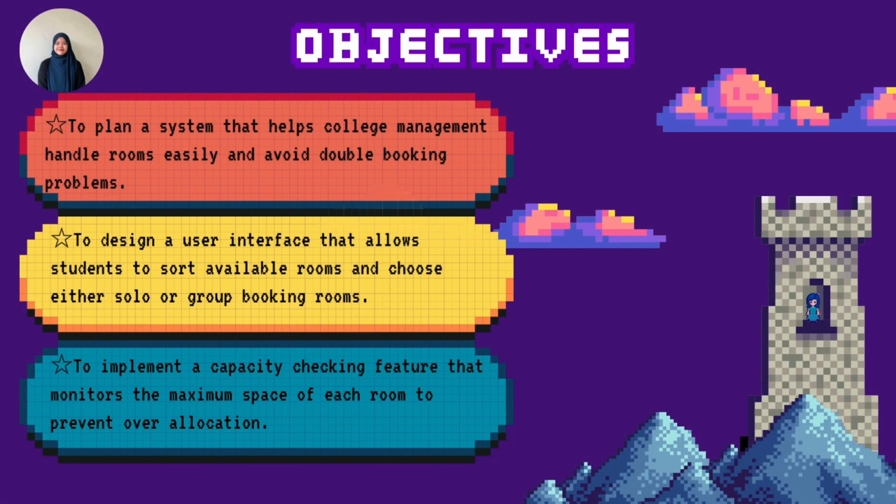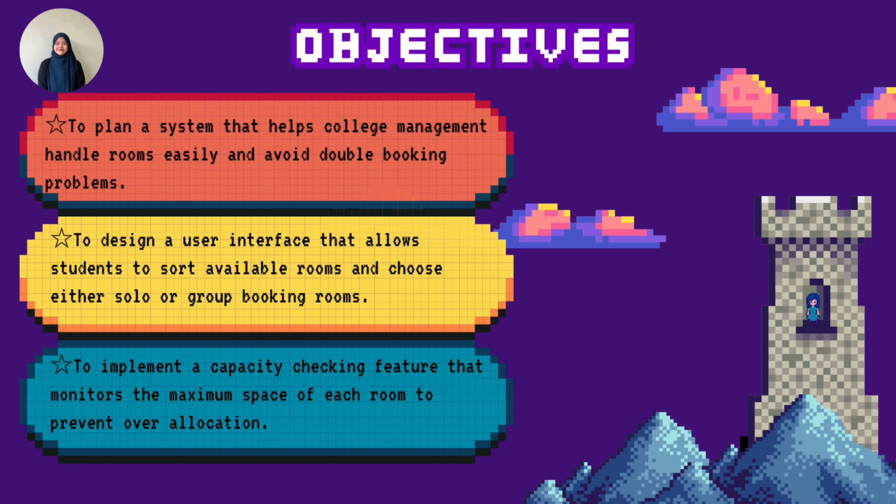Moving on to the next, which is the objective of this project. We have outlined 3 main goals. The first one is to plan a system that helps college management handle rooms easily and effectively to avoid double booking problems. Second, to design a user interface that allows students to sort between rooms and easily choose between solo or group booking rooms.